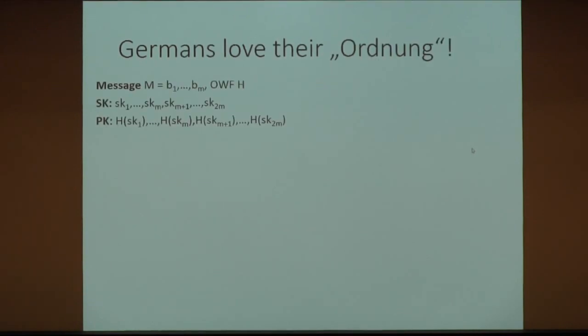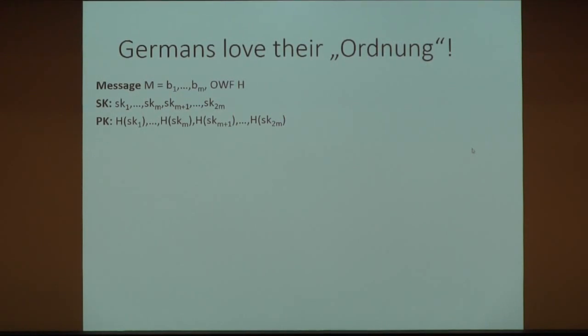Okay, now this was the first step. Now we can resort the stuff. It's a bit ugly to have these two subscripts, so we can simply number the secret keys from 1 to 2m. And then the public keys have the same numbering.